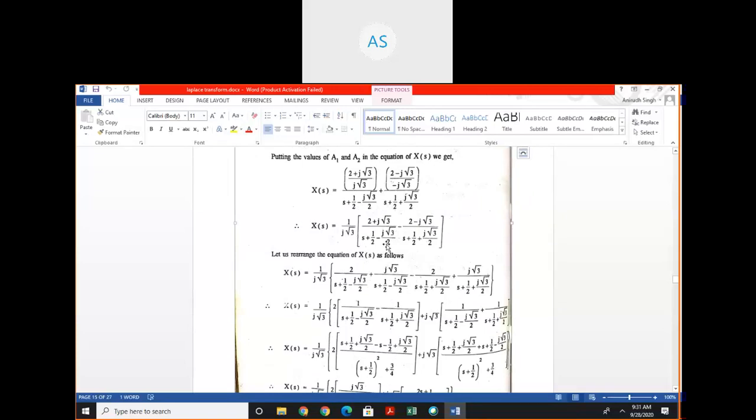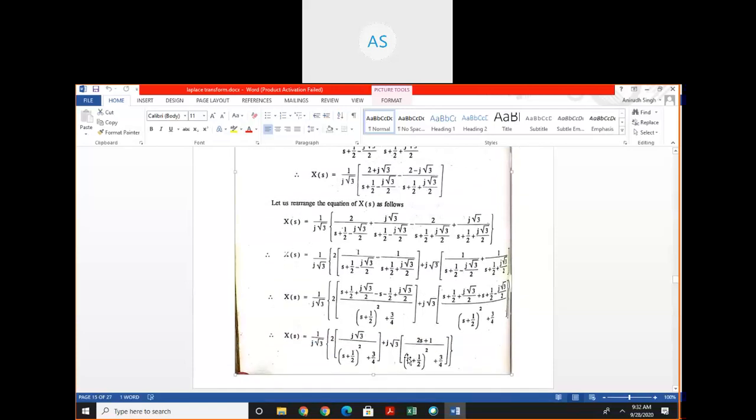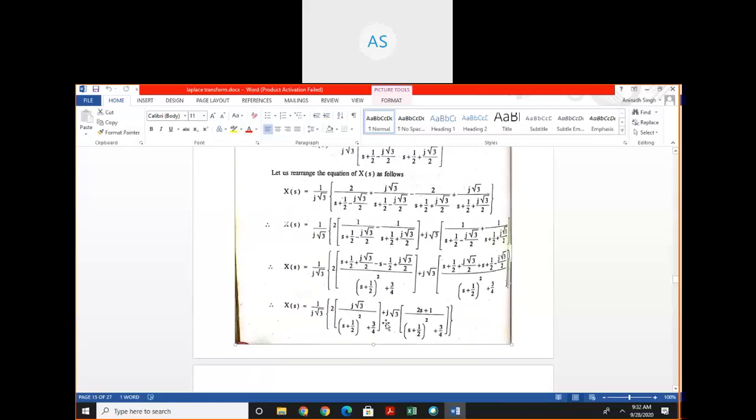If we rearrange this equation, rearranging means simply separating the real part and imaginary part. First, we separate this: this is the real part, and this is the imaginary part of X(s).